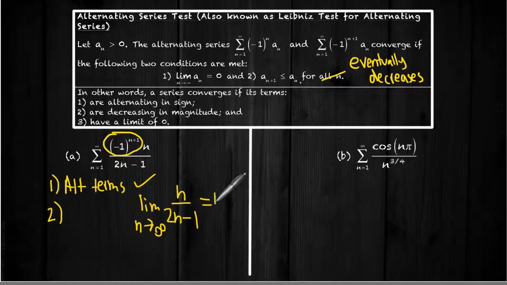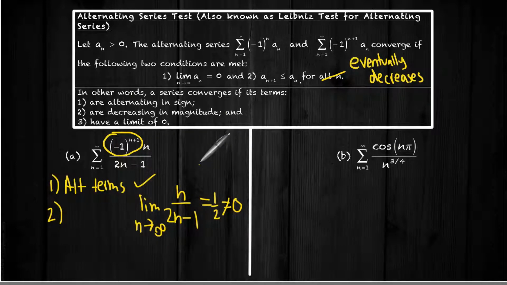We get 1/2. 1/2 is not equal to 0. And in order to use the alternating series test, you have to get a limit that's equal to 0 to show that it converges. Notice we got a limit that's equal to 1/2. So this series diverges. However, it does not diverge by the alternating series test.